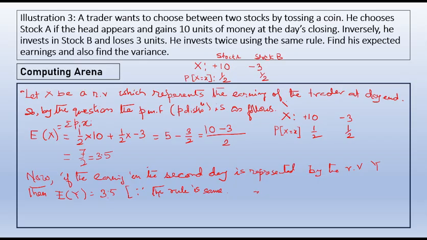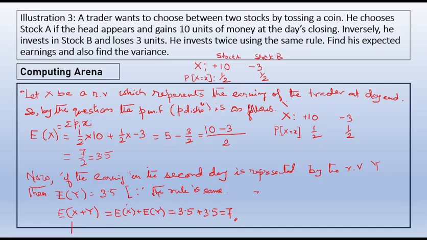So his earning in 2 days is equal to expectation of X plus expectation of Y, which is 3.5 plus 3.5, equal to 7. Okay. So this is how this problem goes forward.